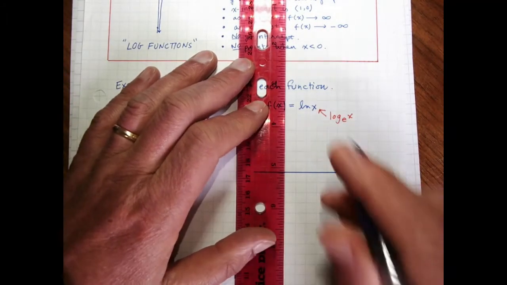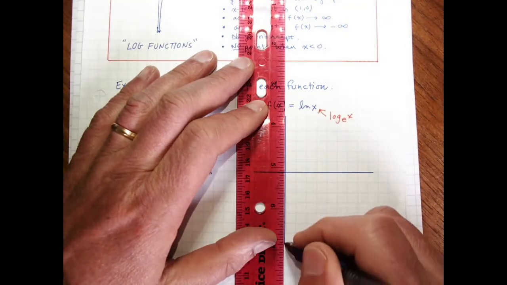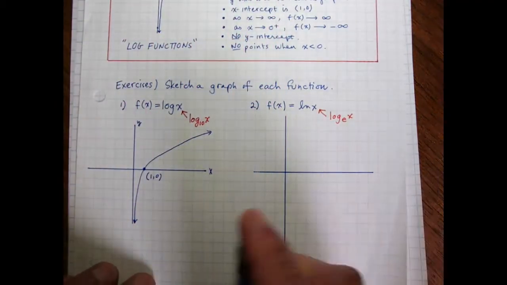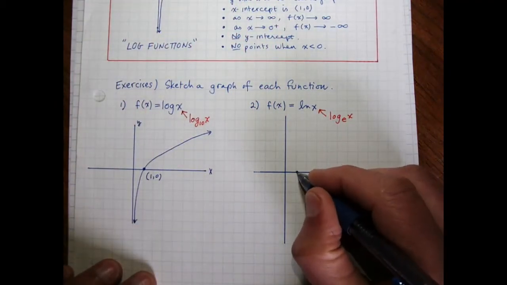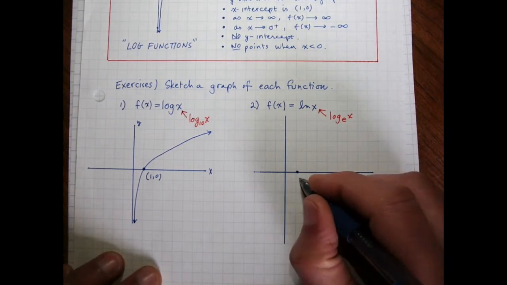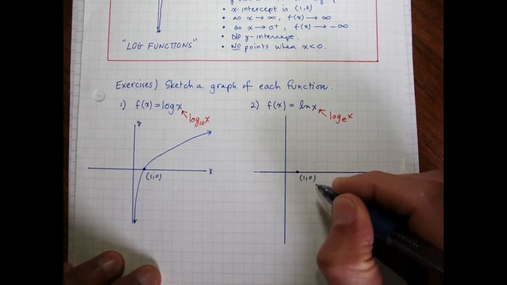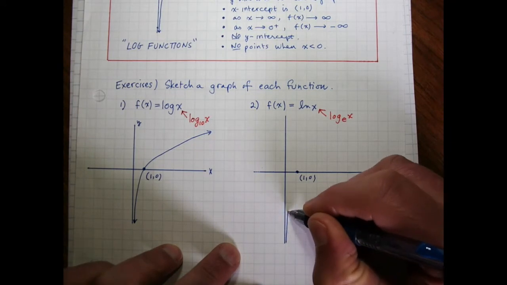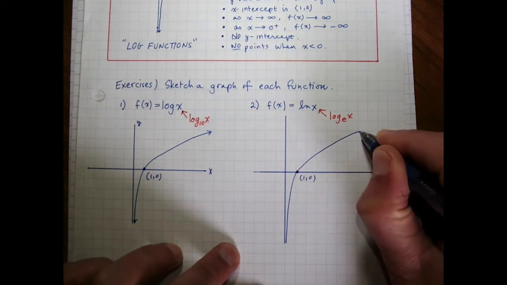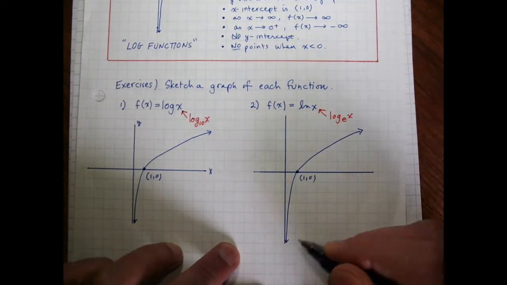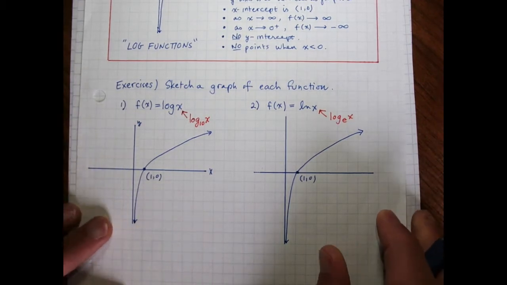So all you have to do is get the general shape. You don't have to plot a lot of points. The one point that will be in exactly the same position is 1, 0, because log of 1 is always 0, no matter what the base.